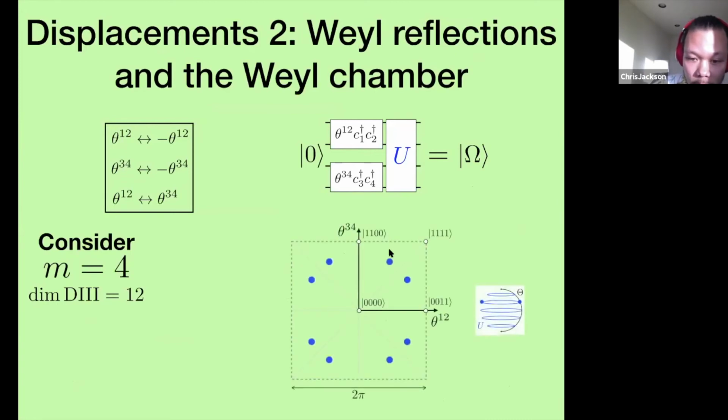I think here I'm just going to quickly summarize that just like you use only half a circle to define the polar angle on a sphere, because every latitude intersects the entire circle twice, so too, these number preserving operations swing you around the manifold of BCS-coherent states in such a way that there are actually multiple thetas that could give you the same omega.